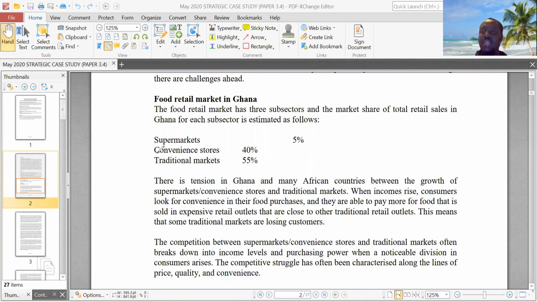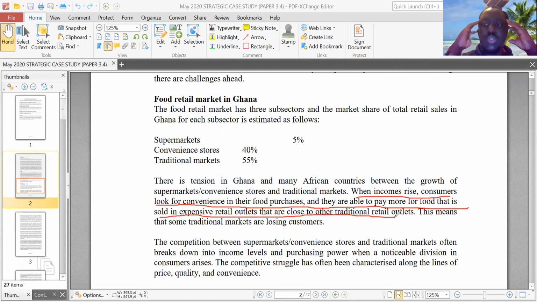When incomes rise, so this is an important point, that's what I'm underlining. Consumers look for convenience in their food purchases and they're able to pay more. So when incomes rise, immediately your mind should go to the PESTLE model, and you need to focus on the economic factors.